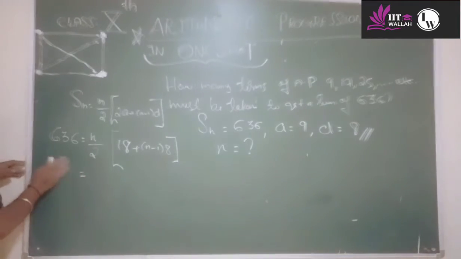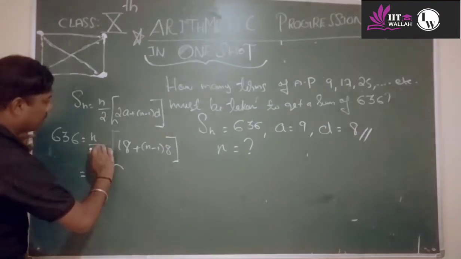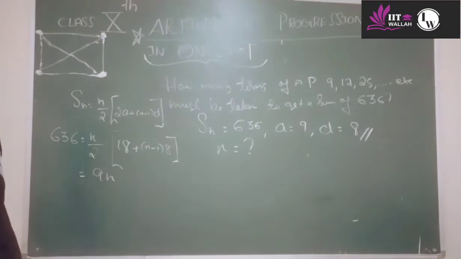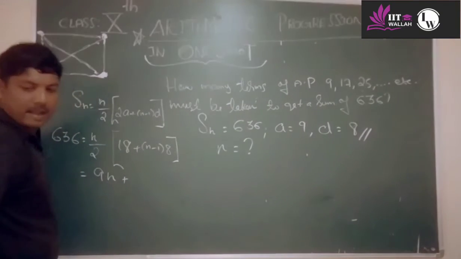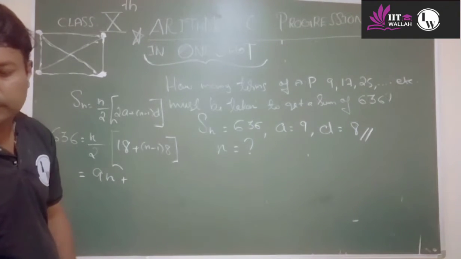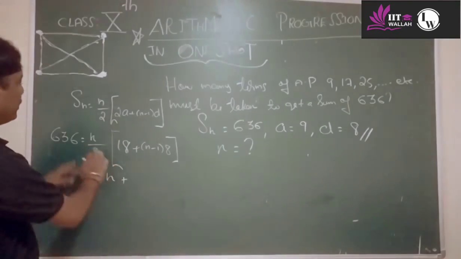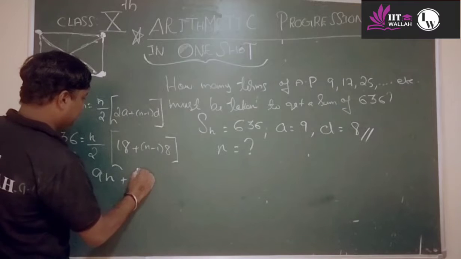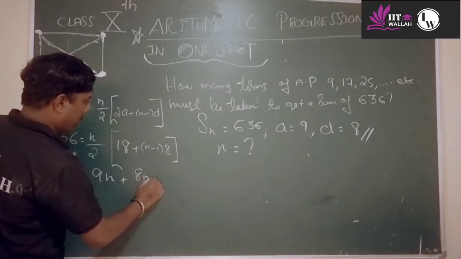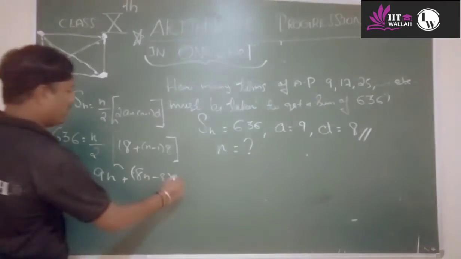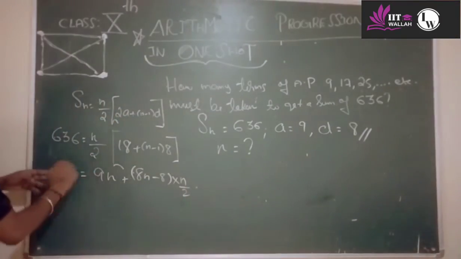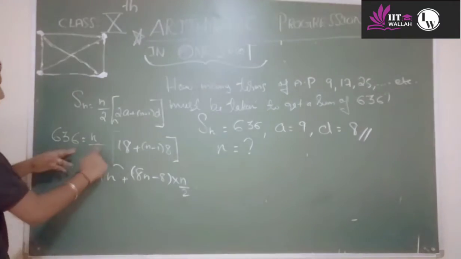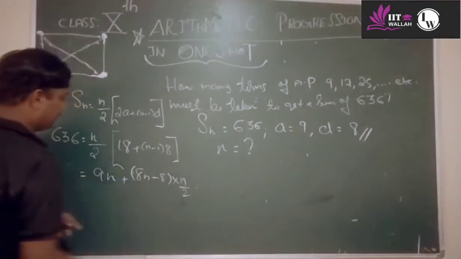I have multiplied with n by 2 here and here. So n by 2 into 18 is 9n, plus n by 2 into 8n minus 8 will come.